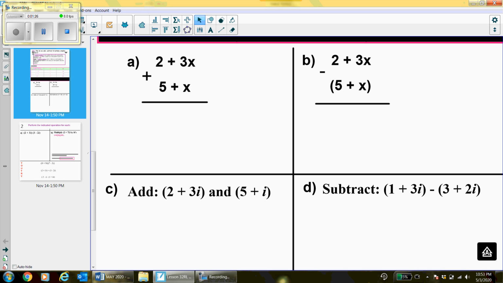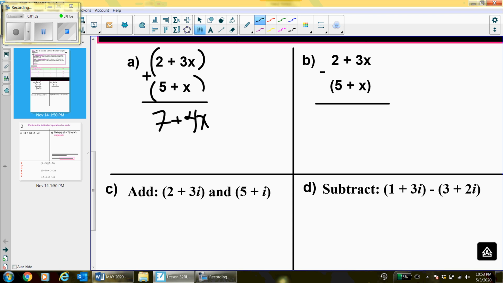So we have 2 plus 3x plus 5 plus x. Technically these would be in parentheses. You can't combine the 5 and the 3x with the 2 and the x because they're not like terms. You combine what are like terms.